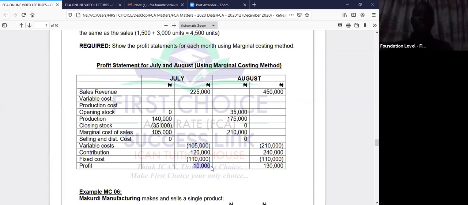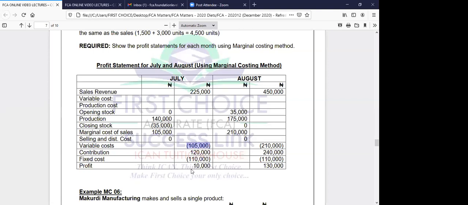Your cost is supposed to be deducted from revenue. So that means if your cost reduces, your profit will increase. And what makes it possible? Closing stock. Closing stock reduces your costs.